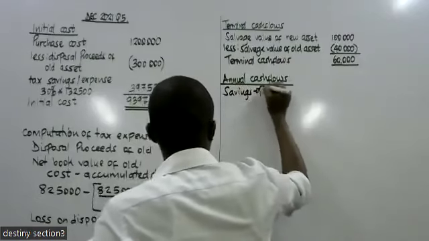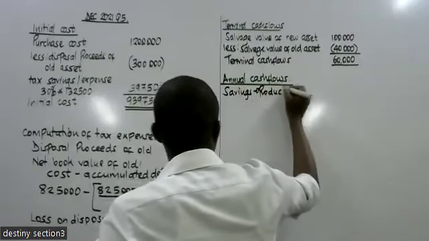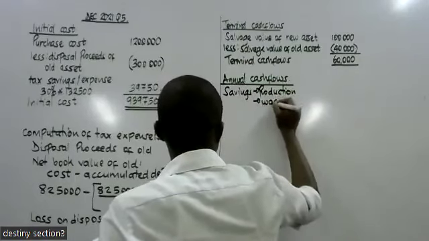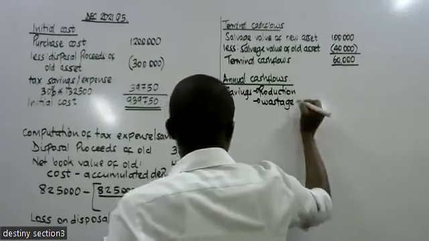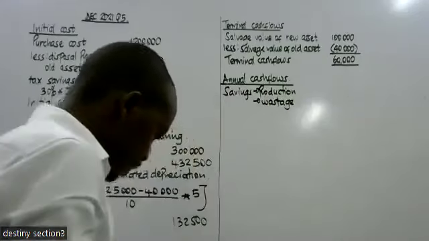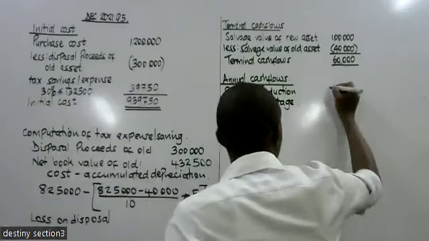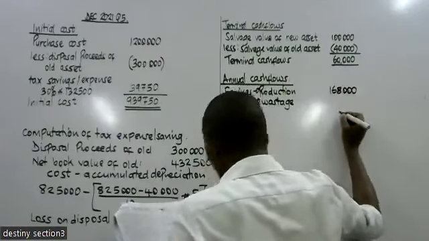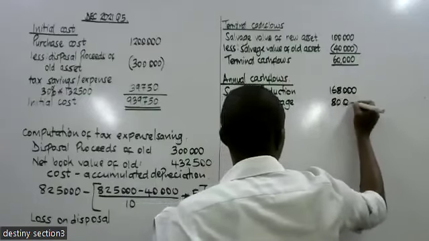The first is production. The second is wastages. Per annum in production, they are saving how much? 168. And they are also saving 80,000.